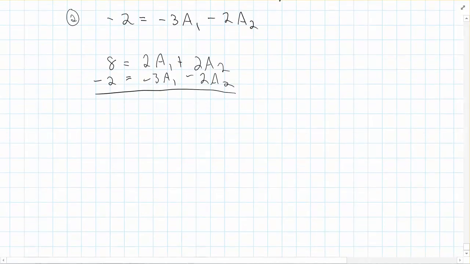Add those two equations together, and you get 6 is equal to negative a1. So a1 is equal to negative 6.